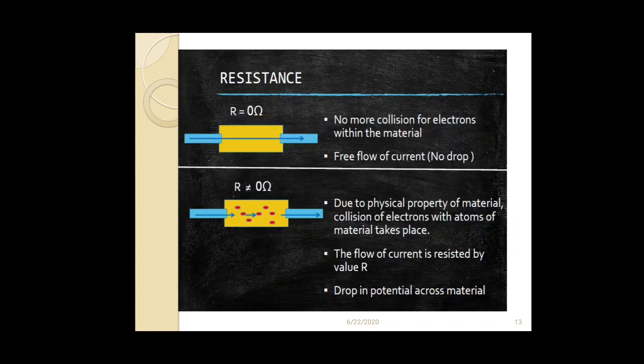It is an electronic component which provides a specified amount of opposition to the flow of current. Resistors can have a fixed value or variable values, and the value of a resistor is its resistance. The unit of resistance is ohm.